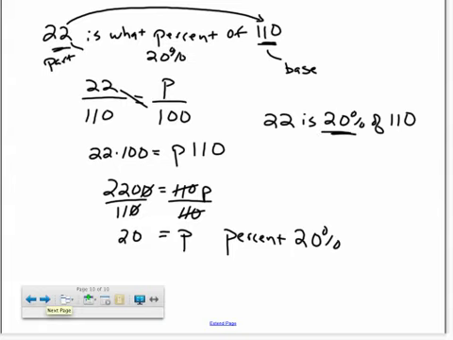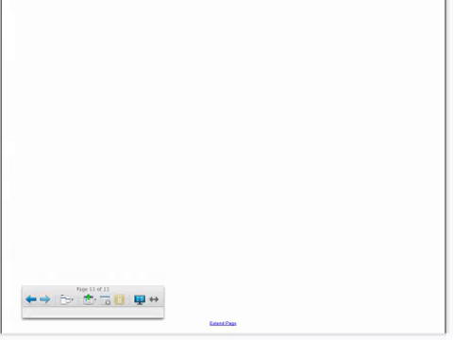Does it make sense that 20% of 110 could be 22? 20% of 100 would be 20, so it's a little bit bigger than that. So yeah, that answer makes a lot of sense. So it's always good to go back and check that to see if those things kind of make sense as to how they are.